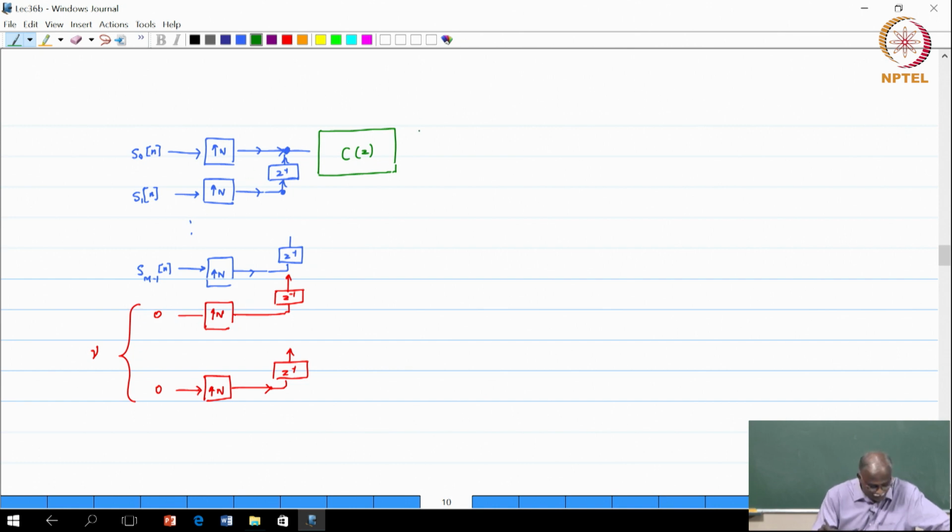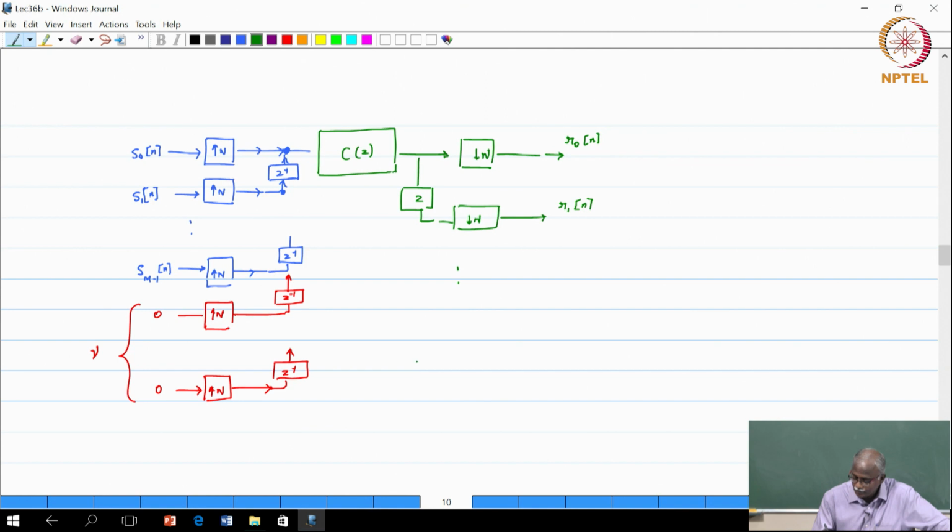Then at the other end, the downsampling by n, and what comes out of this, we will call R naught of n, passing through an advance operator, downsampling by a factor of n, this is R1 of n, all the way down to the last Z inverse, downsampling by n, this is R n minus 1 of n.